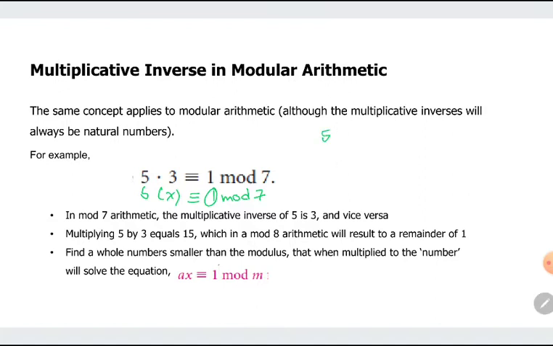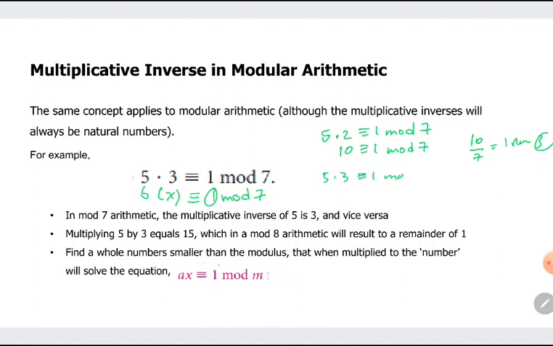We cannot substitute 2, for example. X cannot be 2 because that will make it 10 modulo 7. The product, 10 divided by 7 is 1, remainder of 3. So we are looking for a remainder of 1.